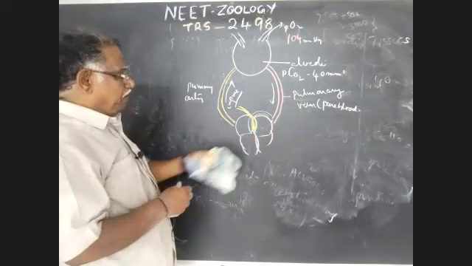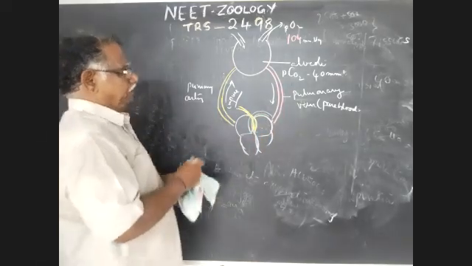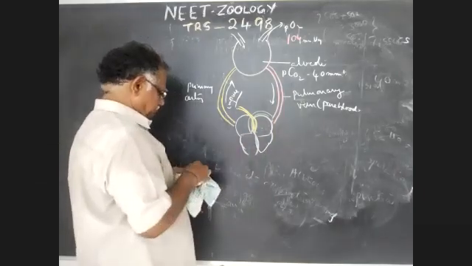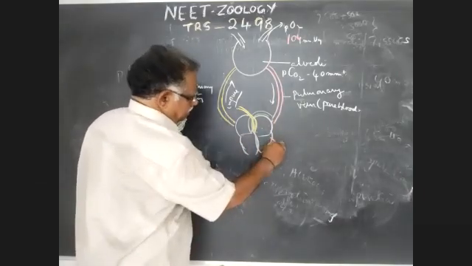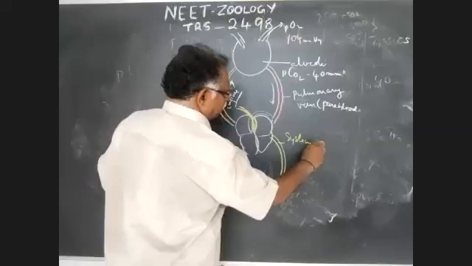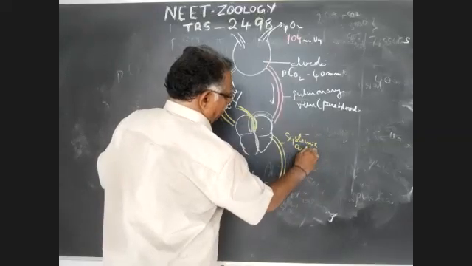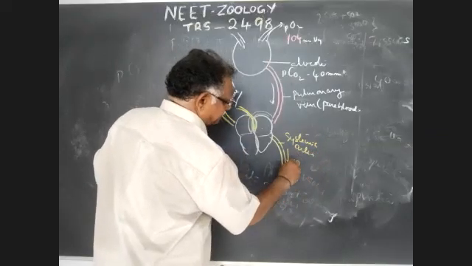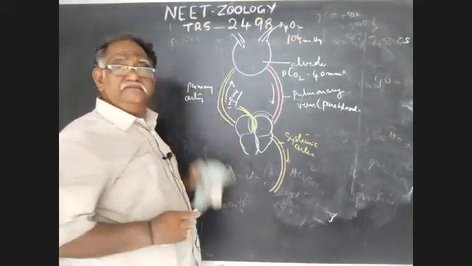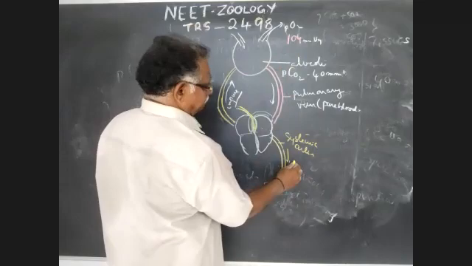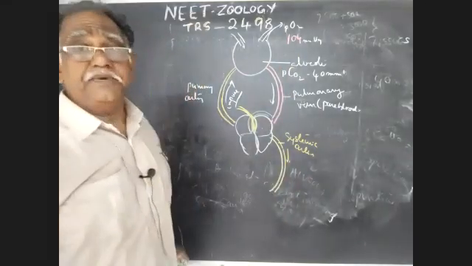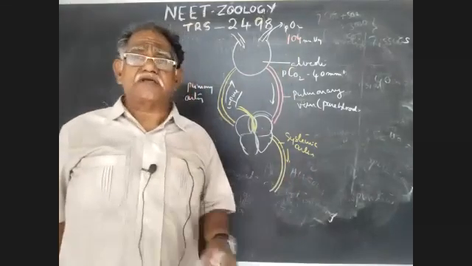So, from the heart, you see, systemic arteries, dorsal aorta, systemic artery, carry pure blood. Pure blood means 104 in the systemic part, with more oxygen and less carbon dioxide.